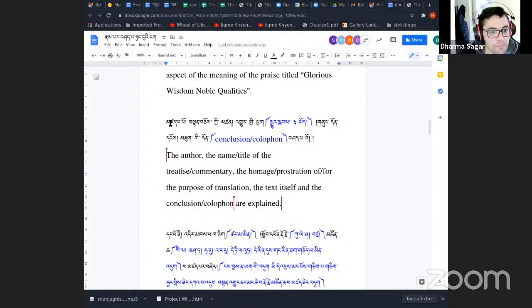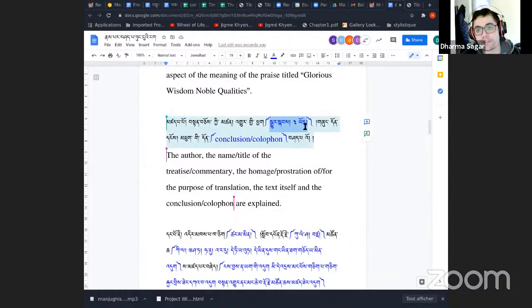So Campbell was saying that for the author, it's just the person; there will be a part in the commentary that deals with who wrote the text. Then an explanation of the name of the text, and after that there is this translation, the homage of the translator.